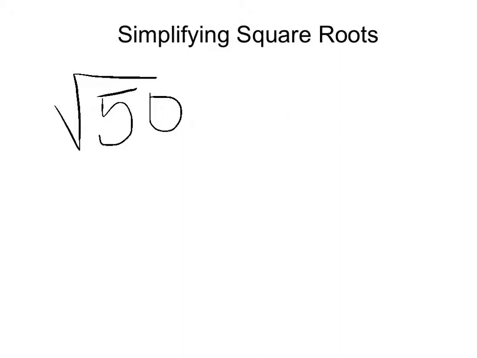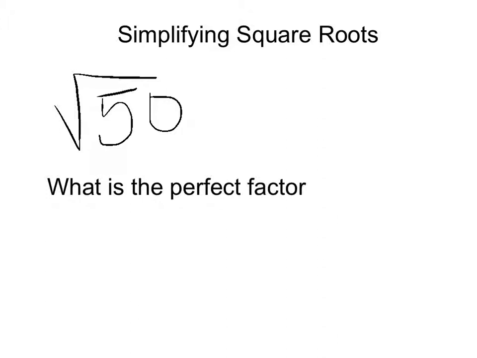So if you remember in class, we had something like the square root of 50. The first question I asked you was, what is the perfect square factor of 50?